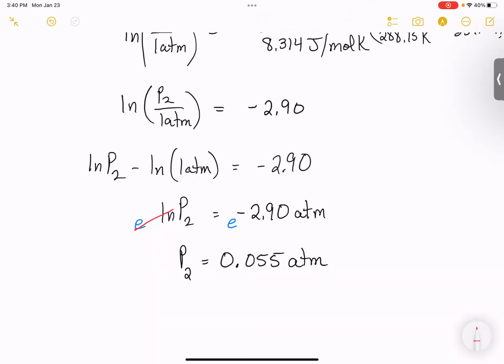Right, the number will come out different, but when you get to this point, if I wanted to put it in torr, I get 41.8 torr. So it all depends upon the unit I want. But it should come out the same answer, just different units.